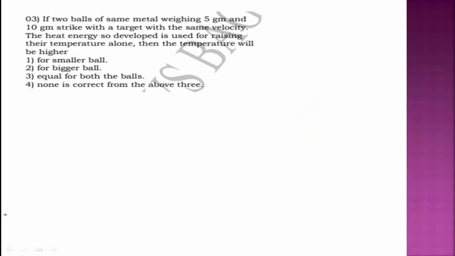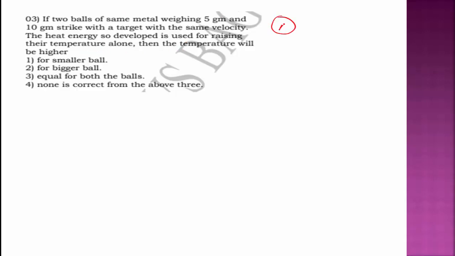The third question is: if two balls of the same metal weighing 5 gram and 10 gram strike a target with the same velocity, the heat energy so developed is used for raising their temperature alone, then which temperature will be higher? Two balls of the same metal.